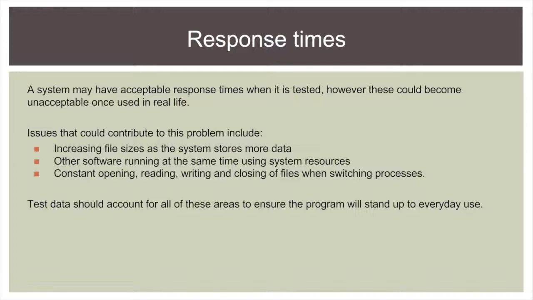So they will need to switch between your software and another piece of software. They can't keep it shut. So obviously this would use system resources, and it would use system resources in the running and processing of the software, not just in the letting it run in the background. So these aren't necessarily always tested for, and they can't always be tested for, because it's difficult to know what the client will need to be running at a certain time. The last one would be the constant opening, reading, writing, and closing of files when switching processes.